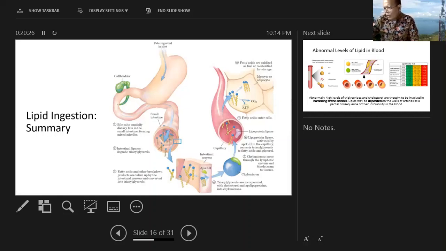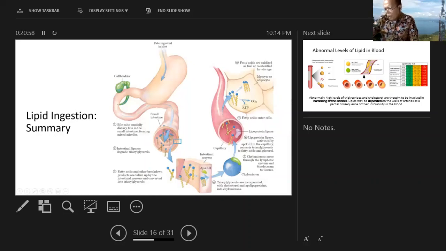Then we will see the pathway, step by step, of the mechanism of this fat entering this system. The first one is bile salt emulsifies that fat in the small intestine, forming mixed micelles. And the second one, intestinal lipases degrade triacylglycerol.